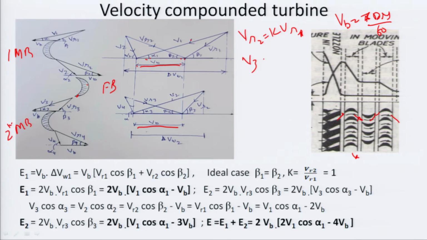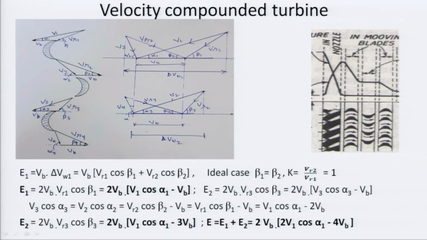So, V3 will be k times V2 if friction is there. Because there is certain friction loss, as V2 it enters, certain losses, and at V3 it comes out. Similarly, Vr4 will be k times Vr3, whatever the friction is going to be. So, we can draw the velocity triangles in such a manner for both the stages.